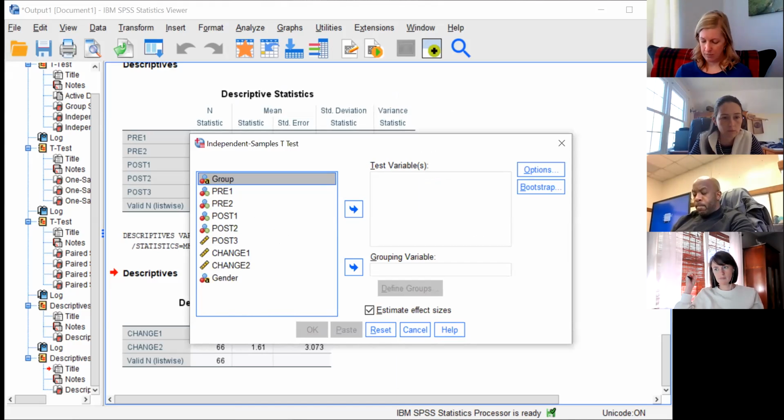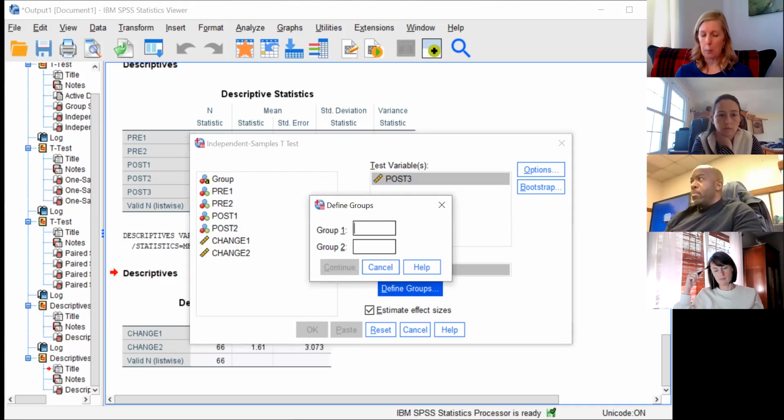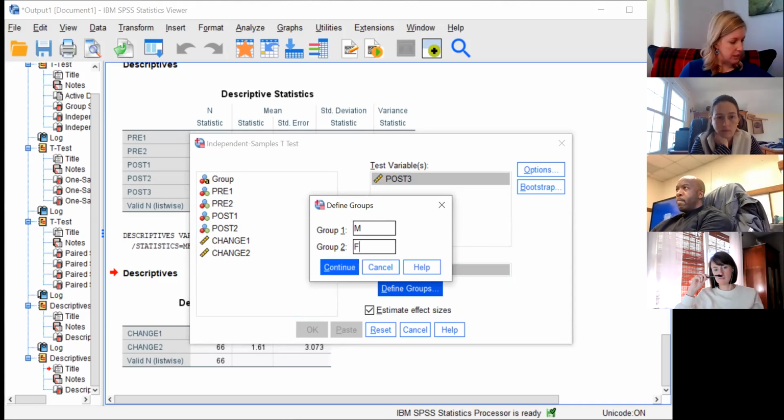The test variable is post 3, the grouping variable is gender. Once again, we have to define the groups, and the syntax always has to be right. So it's a capital M for one group and a capital F for the other group. In this particular data set, 1 is M and 2 is F.